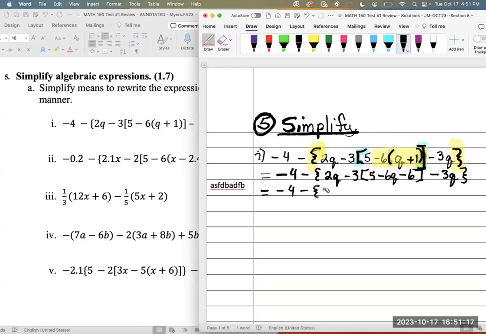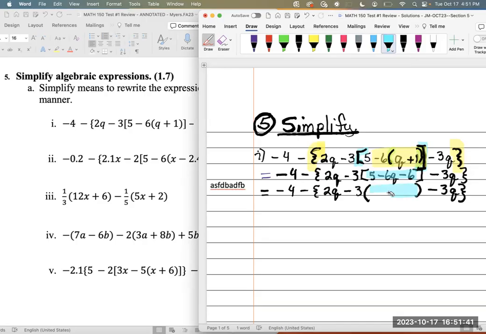Again, write down the parts of the equation that I'm not using. -3 times everything inside the parentheses there, -3q. Yes, I changed from brackets to parentheses. It doesn't matter. Brackets and parentheses carry the same weight. I just have an easier time writing parentheses.